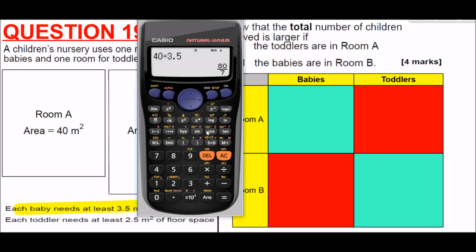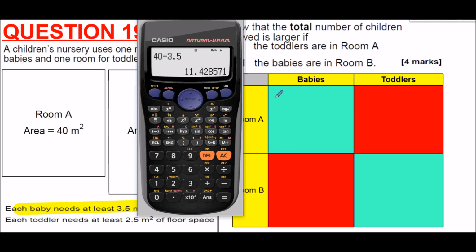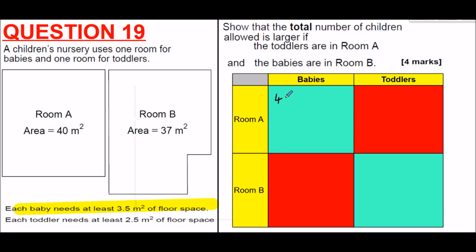So 40 divided by 3.5 would be 11.4 something. So not quite enough for 12 babies. So the calculation we did was 40 divided by 3.5, which was roughly 11.4.